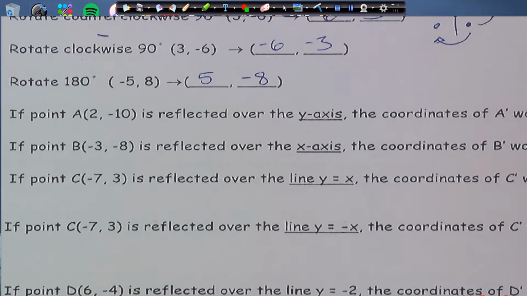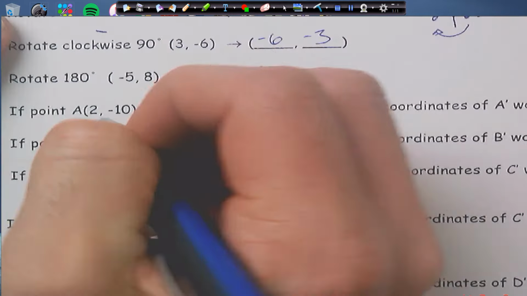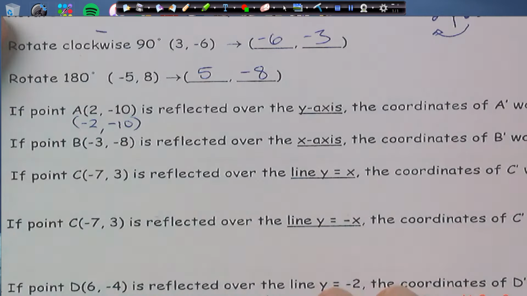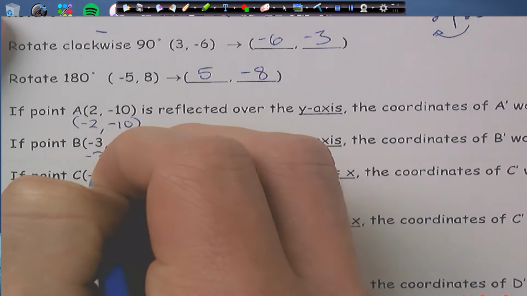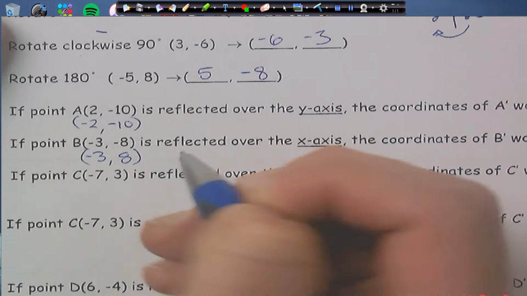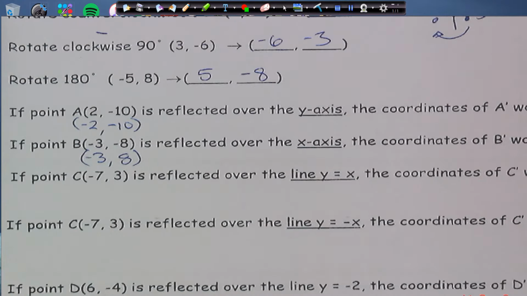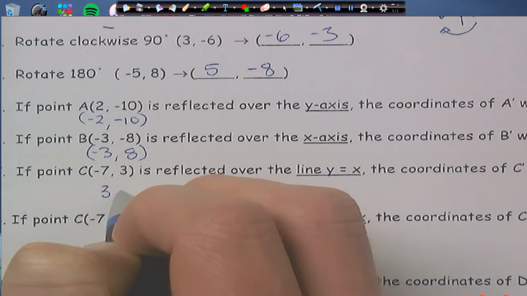We're going to reflect this next one, number 5, over the y-axis. If you do that, the y stays the same, and the x changes sign. Vice versa, on the x-axis, the x stays the same, and the y switches its sign. For number 7, y equals x line, we're going to flip the location, so these two switch, become 3, negative 7.